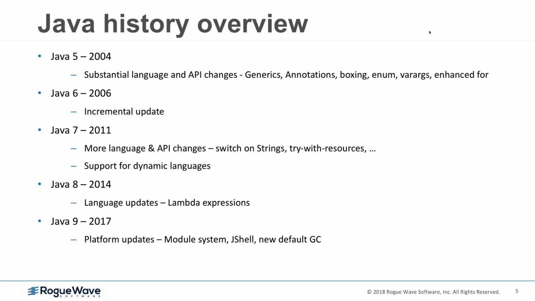The platform changed a lot. I still remember it took us almost a year to prepare a JRule for this release, mainly because of this module system change. So this is the history, but let's look at the future.